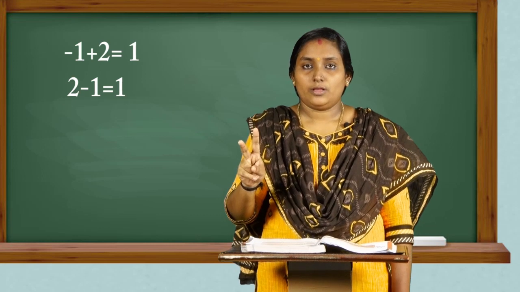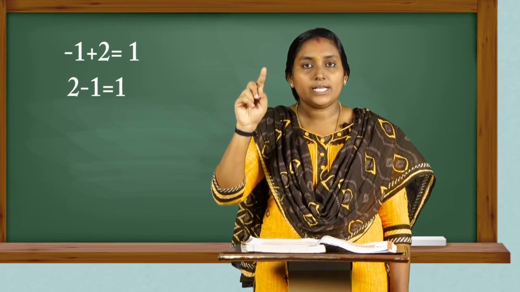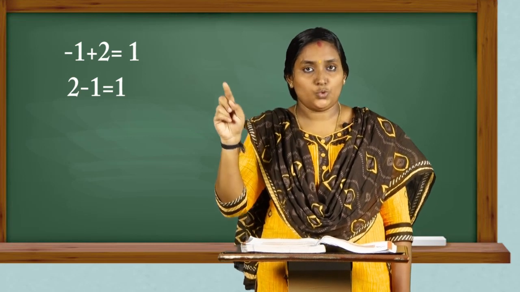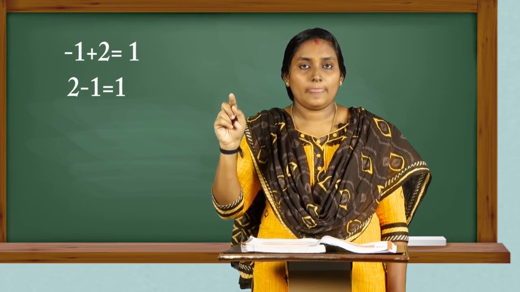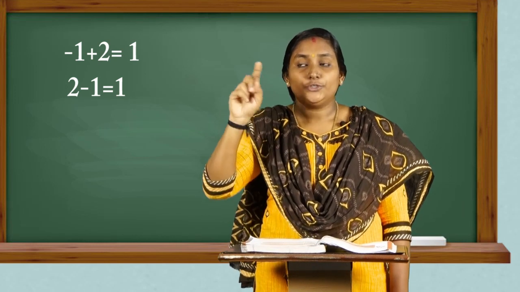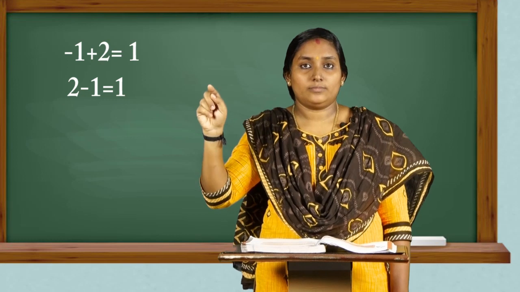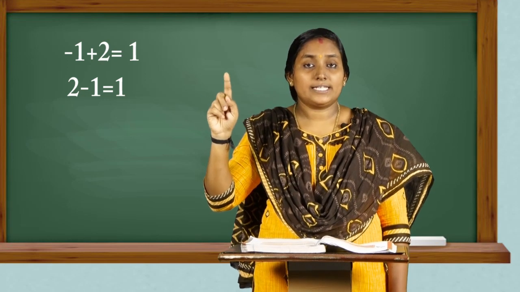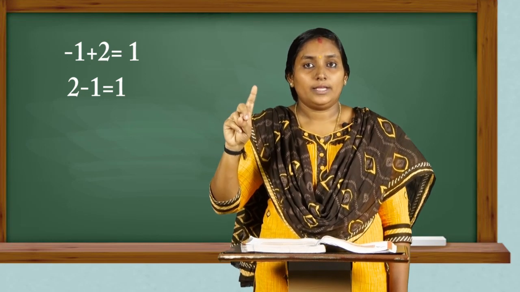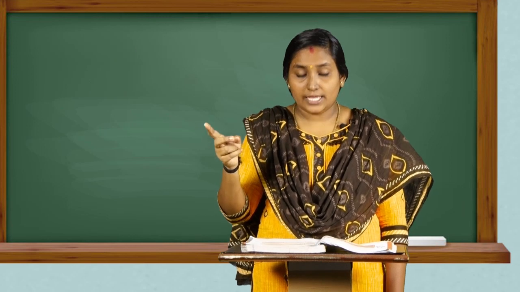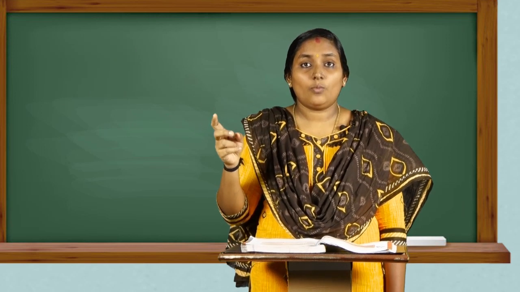In integers, while adding two integers, for example, minus 1 plus 2, we will get the answer as 1. 2 plus minus 1 also gives the answer as 1. So the integers are commutative while adding.